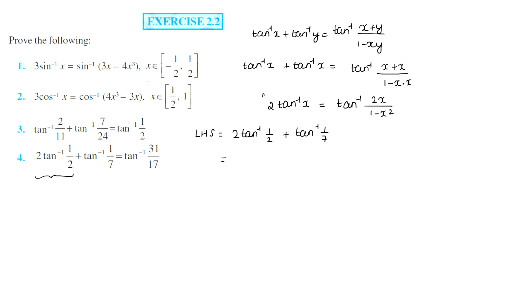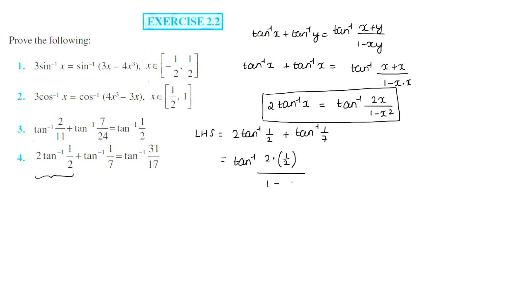So now using this formula, we have 2 tan inverse half is equal to tan inverse (2 into 1 by 2) by (1 minus 1 by 2 square) plus tan inverse 1 by 7, and this is equal to tan inverse, 2 by 2 gets cancelled, 1 by (1 minus 1 by 4) plus tan inverse 1 by 7.